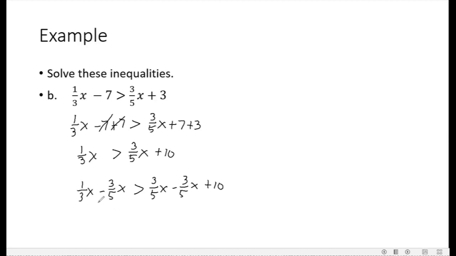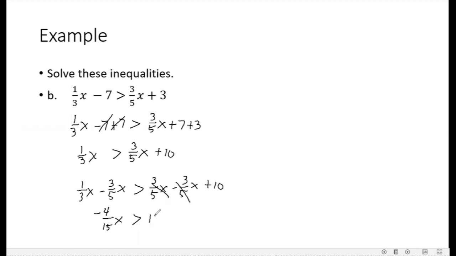On the left side, 1/3 x minus 3/5x, our answer there is negative 4/15x, which is greater than 3/5x minus 3/5x, and that is 0.